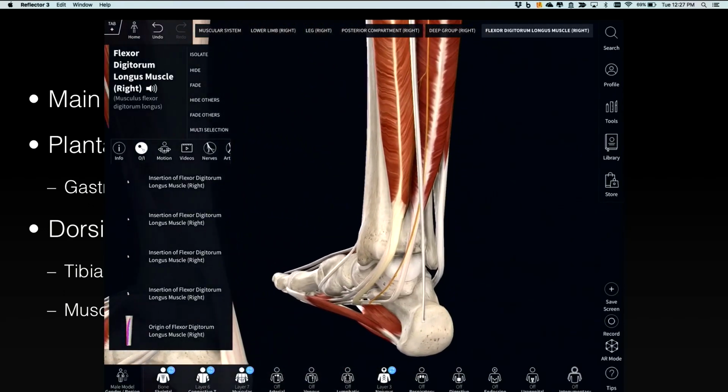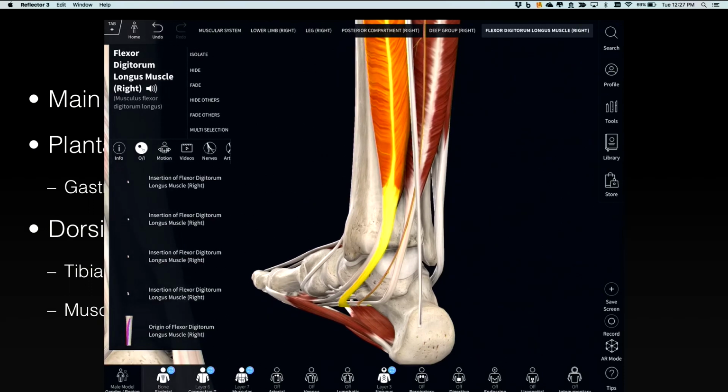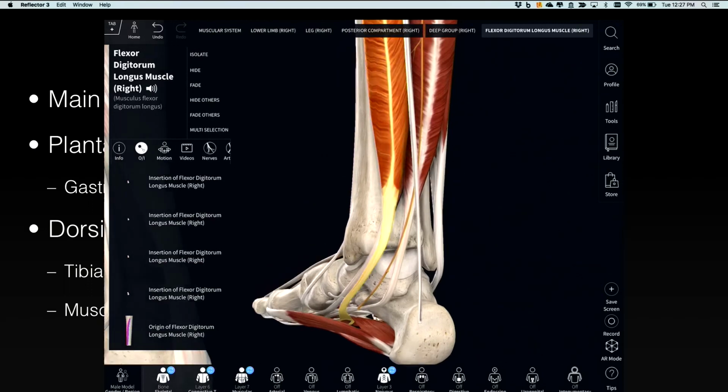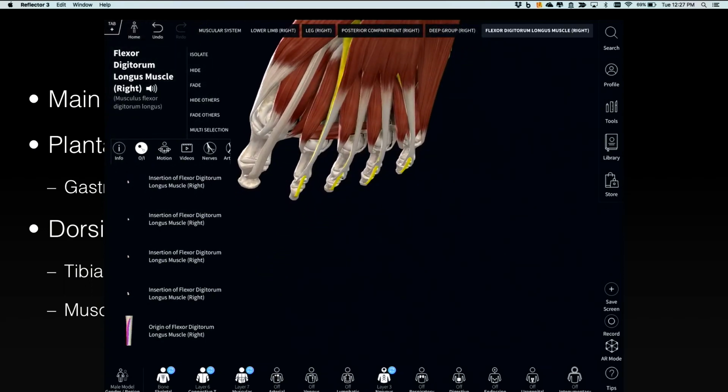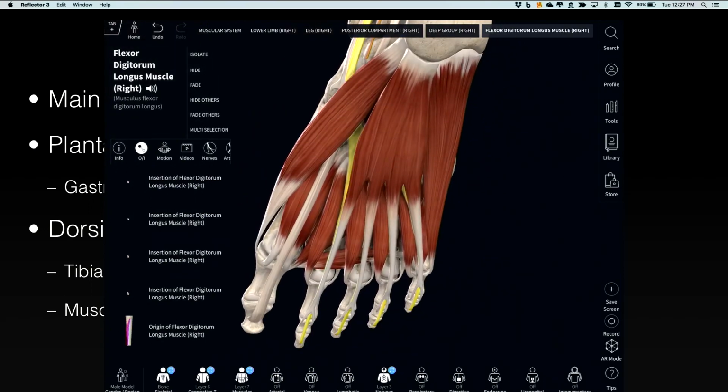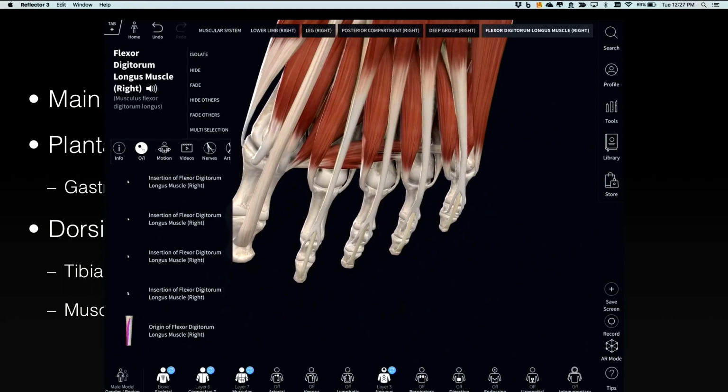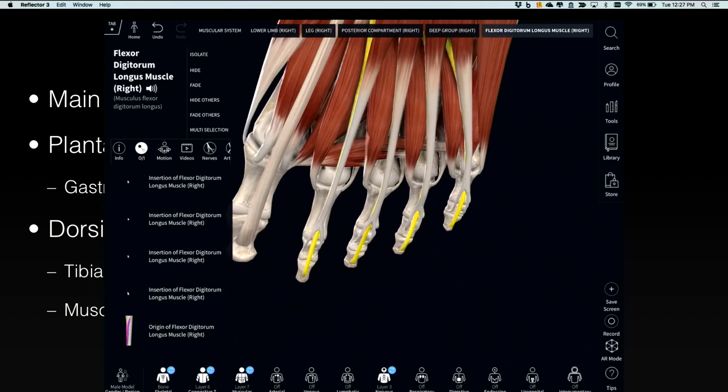It loops all the way under the medial malleolus of the tibia and inserts all the way on the distal phalanges. See the yellow tendons highlighted at the bottom? All the way at the distal phalanges. From the tibia, around the medial malleolus to the distal phalanges.